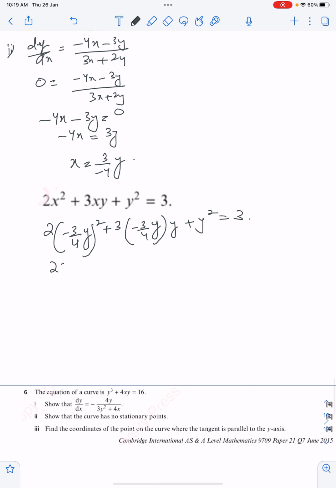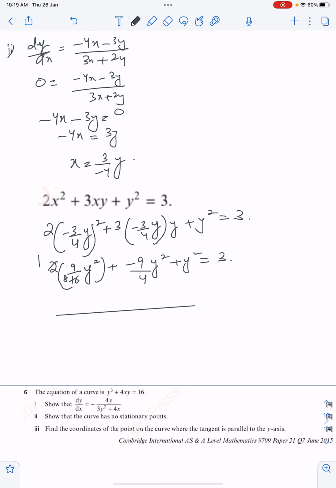Let's solve this. 2 into 9 upon 16 y squared minus 9 upon 4y squared plus y squared equals 3.